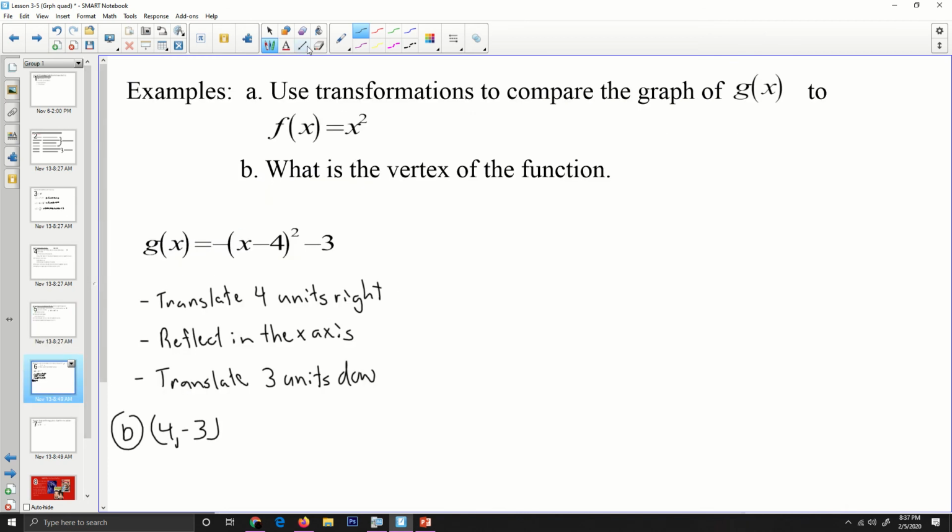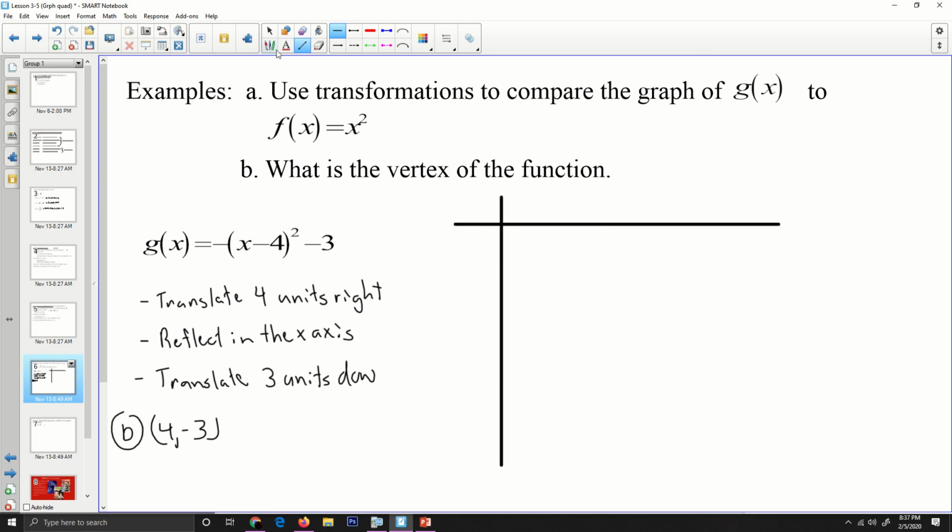And so let's just do a real quick graph of this thing. If the vertex is at 4, -3, and it opens down, when I go to set up my graph here, I'll go, let's see here, 1, 2, 3, 4, 5, 6, 7 on the x-axis. And I'm going to need quite a few. So 1, 2, 3, 4, 5, 6, 7, 8, 9, 10, 11, 12, 13, 14, 15.